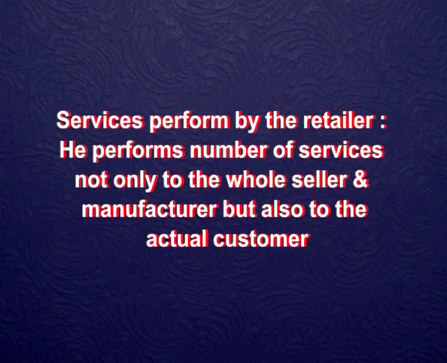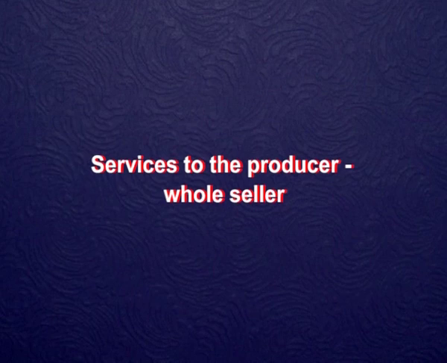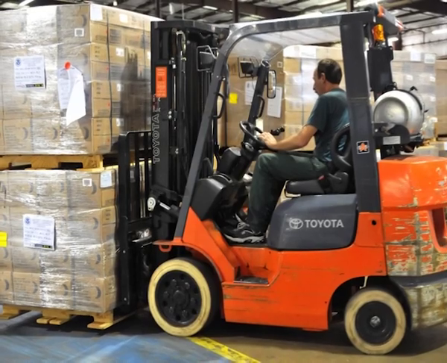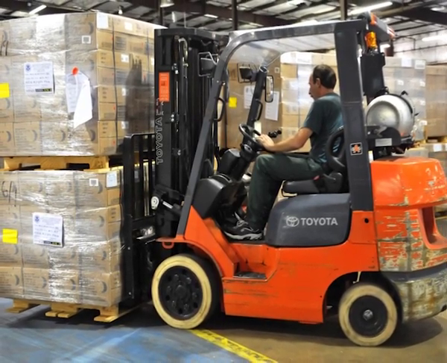The services performed by the retailer are as follows. He performs a number of services not only to the wholesaler and manufacturer but also to the actual customer. Services to the producer, that is, the wholesaler: they are the best link between the producer and the customer and help in the distribution of goods.